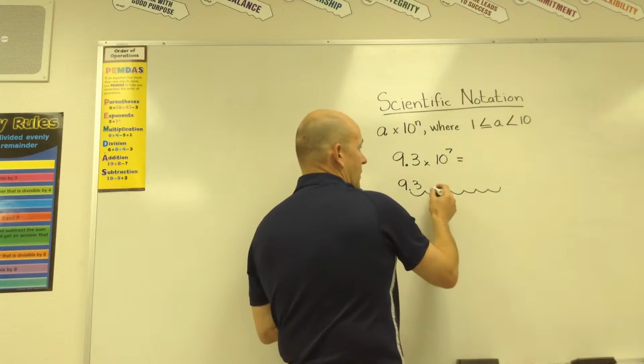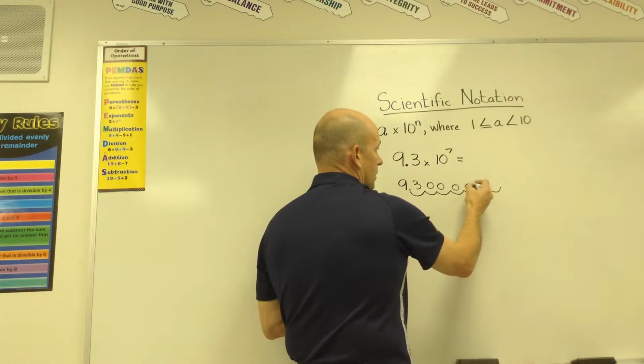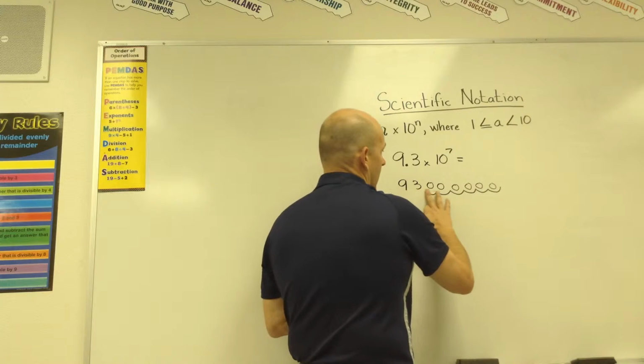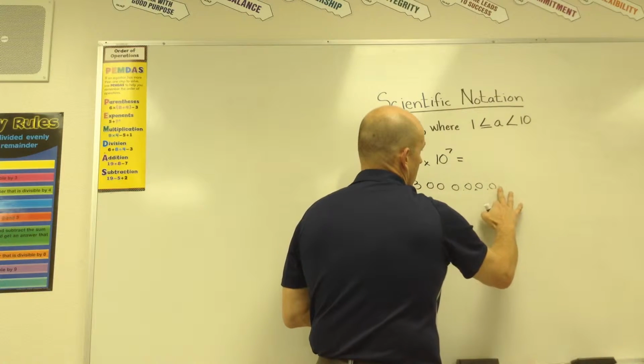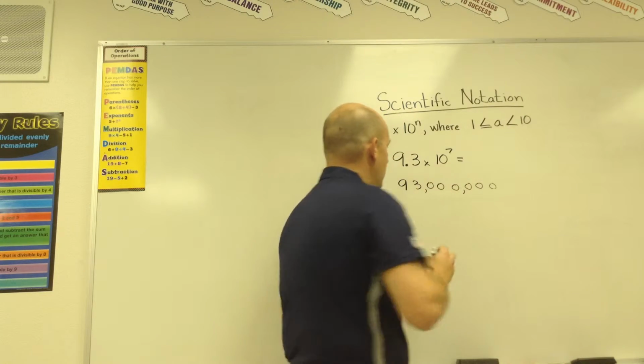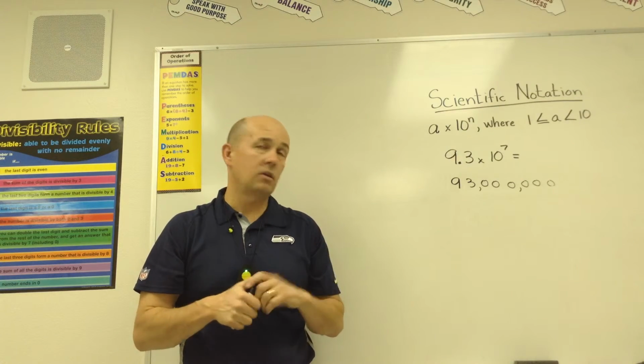Every one of these, I have to put a 0 in there to hold that place. So this decimal point's gone here. Now I look at this, and I separate each of these with a comma, and I can see that 9.3 times 10 to the 7th is the same as 93 million.